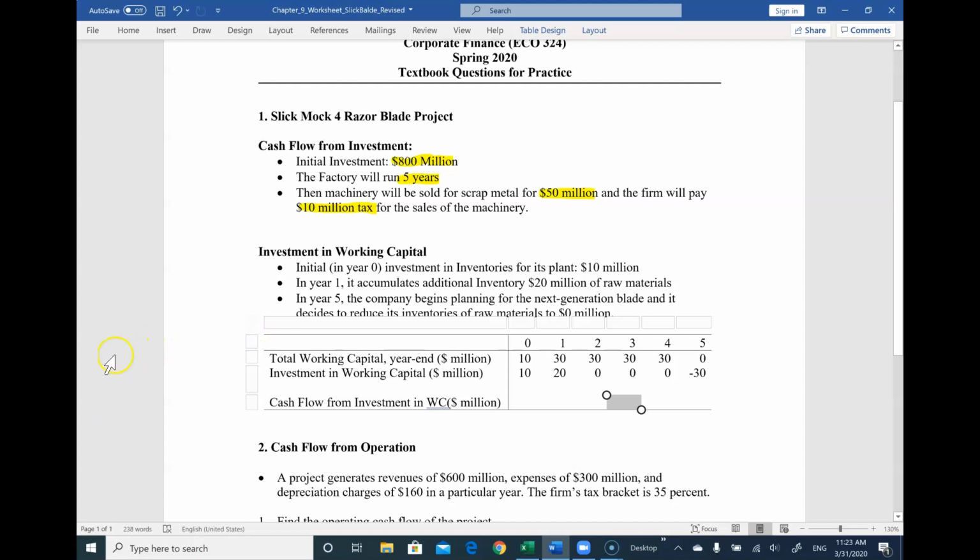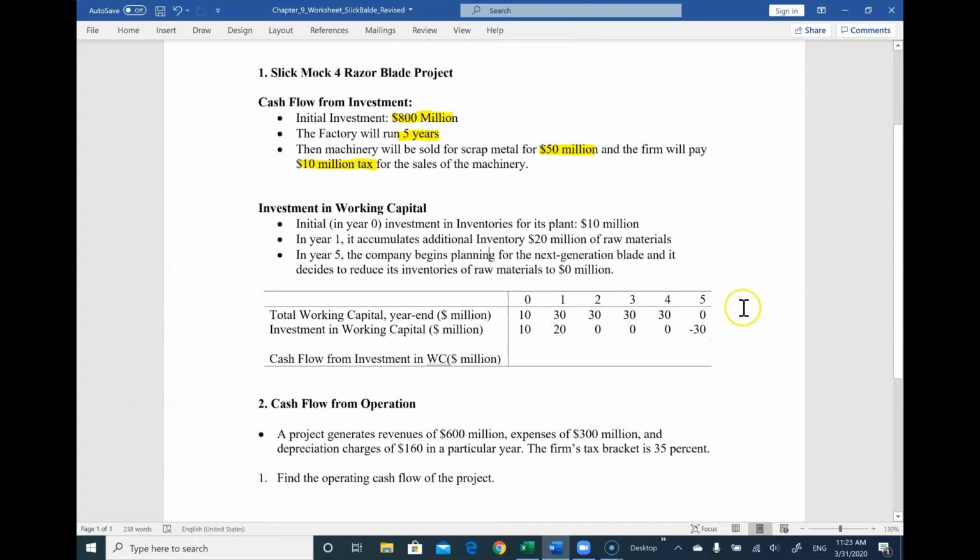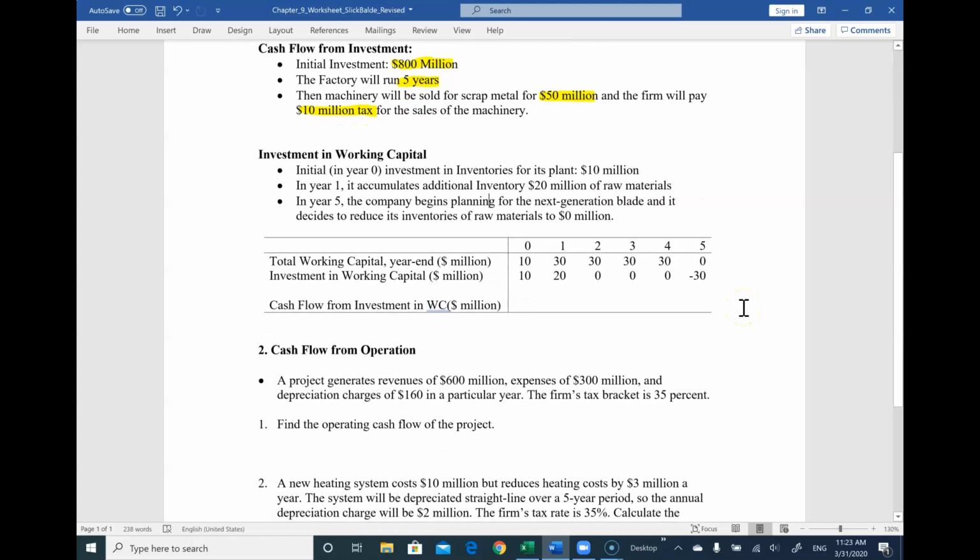The second part of the question is that there is investment in working capital, right? When the project is initiated, the company initially has to make an investment in inventories, and that's $10 million. In year 1, it accumulates additional inventory, which is $20 million.